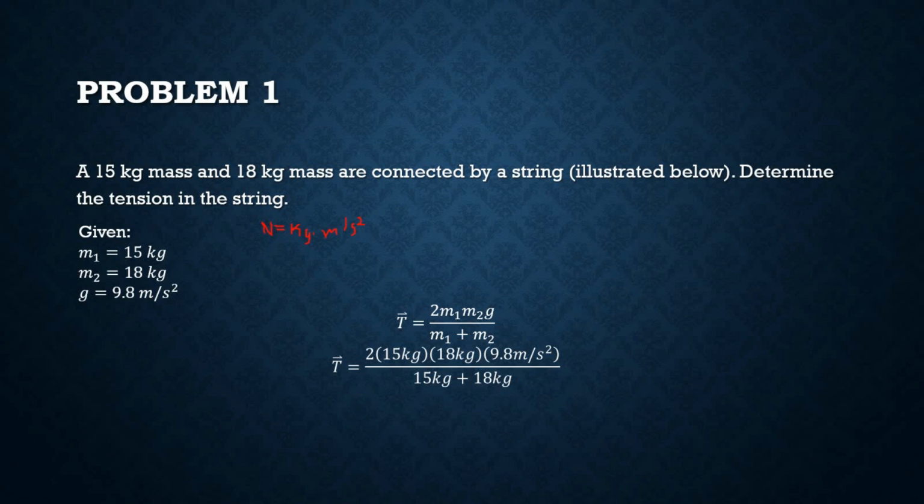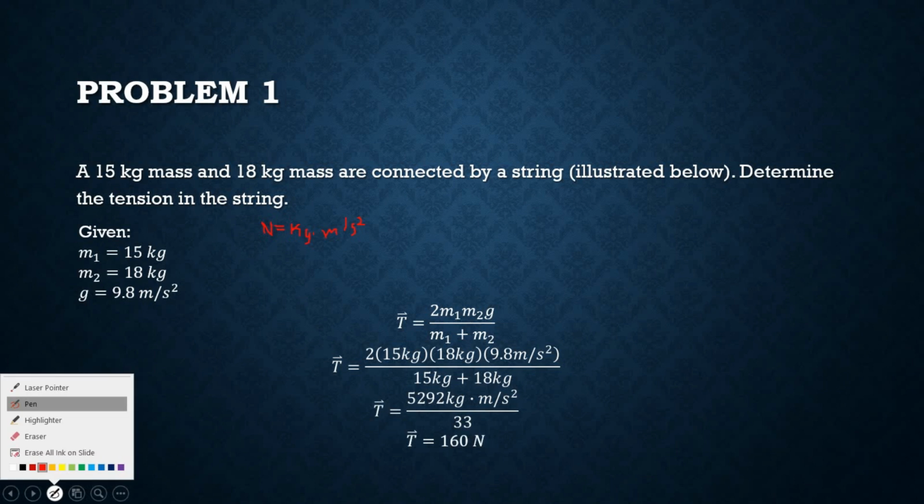Okay, so if you input the top part in the calculator, you'll get 5,292 kilograms times meters per second squared, and if you add the bottom part, it will get 33. So this is what the equation would look like. Then if you input that in the calculator again, you'll get 160 newtons.